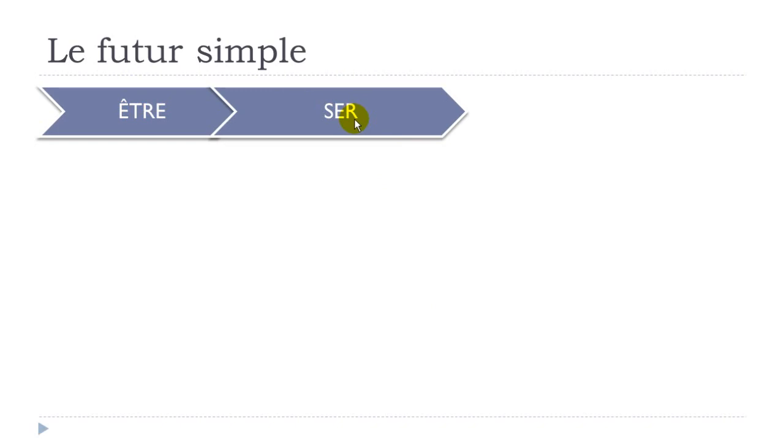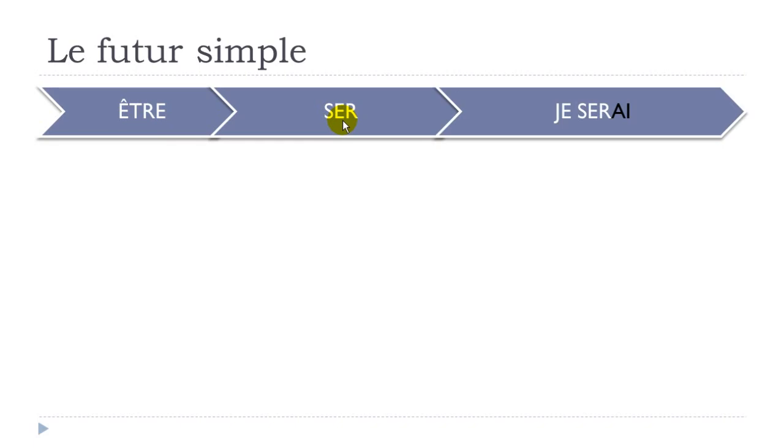Okay, so the endings we saw previously will be exactly the same. So the only thing that you've got to remember is that être will become ser, and then you will combine it with the ending, and it will become je serai. Okay, remember, ending for je was ai, je serai.